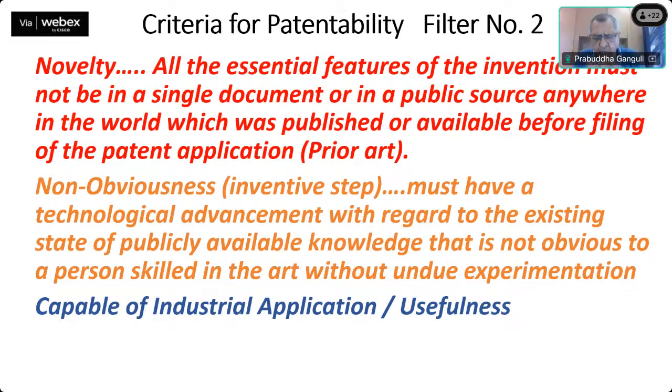If I find one such document where all the essential features, not all the features, but all the essential features of my invention are found in that one document, or there is a product or a source somewhere, and in that one single source all the essential features of my invention are present, then it says that my invention is not novel.